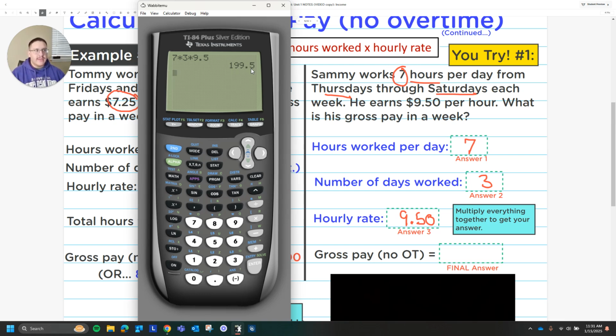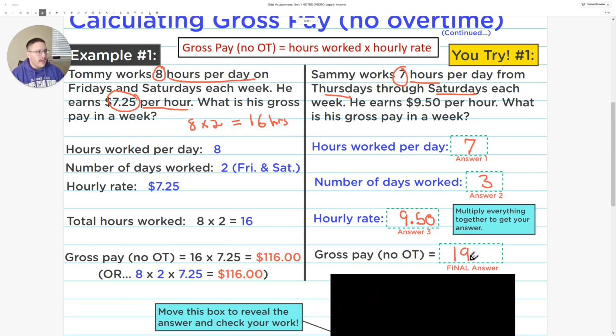Notice what I just said. My answer is not $199.5. It's $199.50. Because this answer is talking about money, gross pay. And when we talk about money, unless it's otherwise stated, we always round to 2 decimal places.